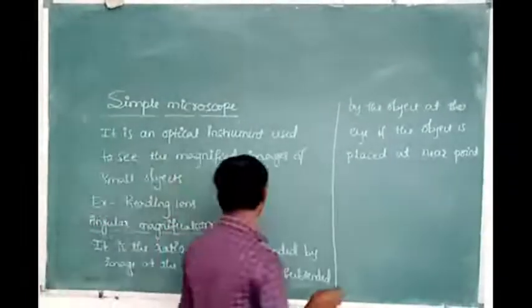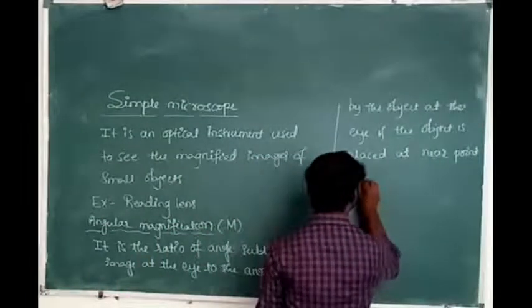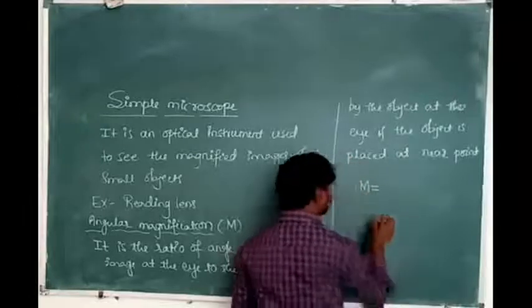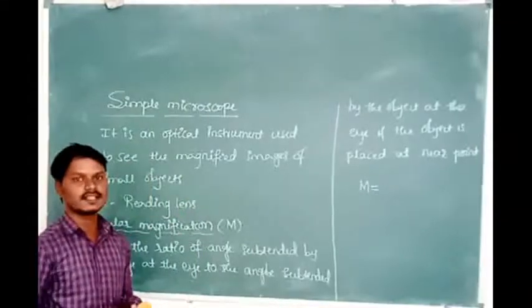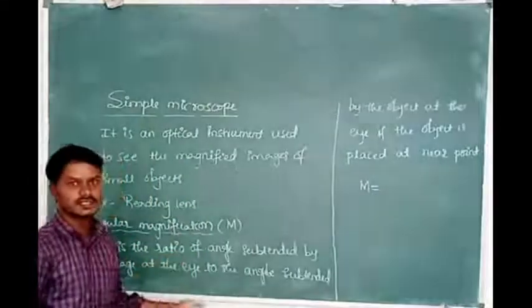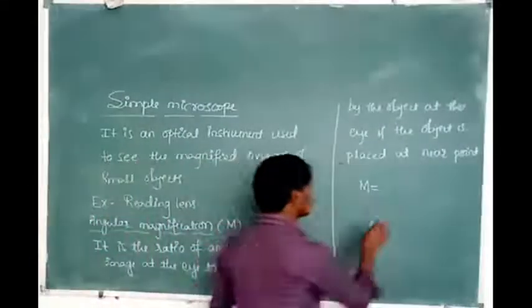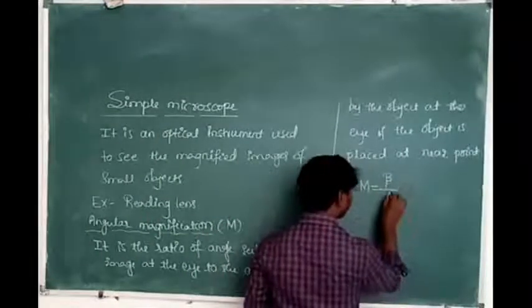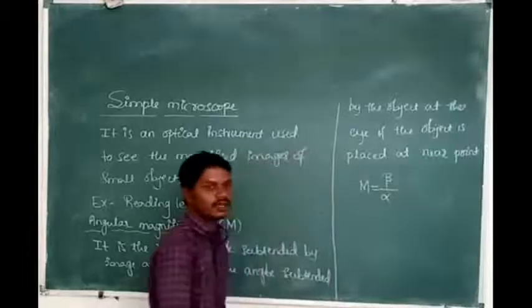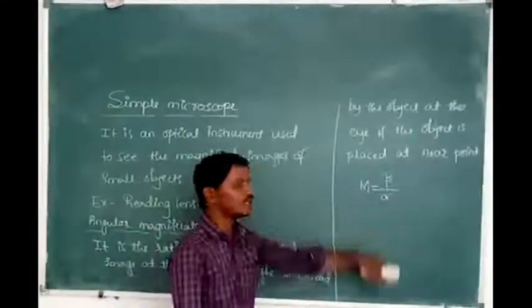So what is the formula for angular magnification here? We say whether the image is magnified or not by knowing their angles. The angle subtended by the image is beta and the angle subtended by the object is alpha. That is, M is equal to beta by alpha.